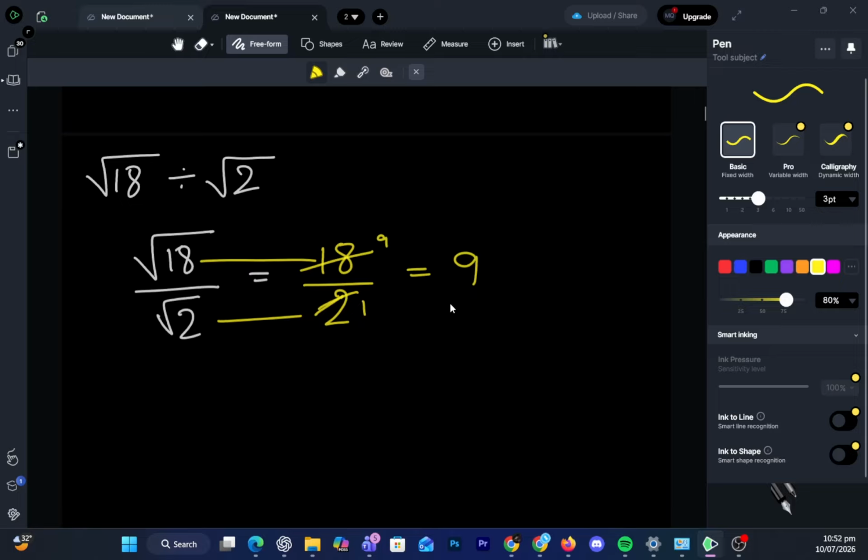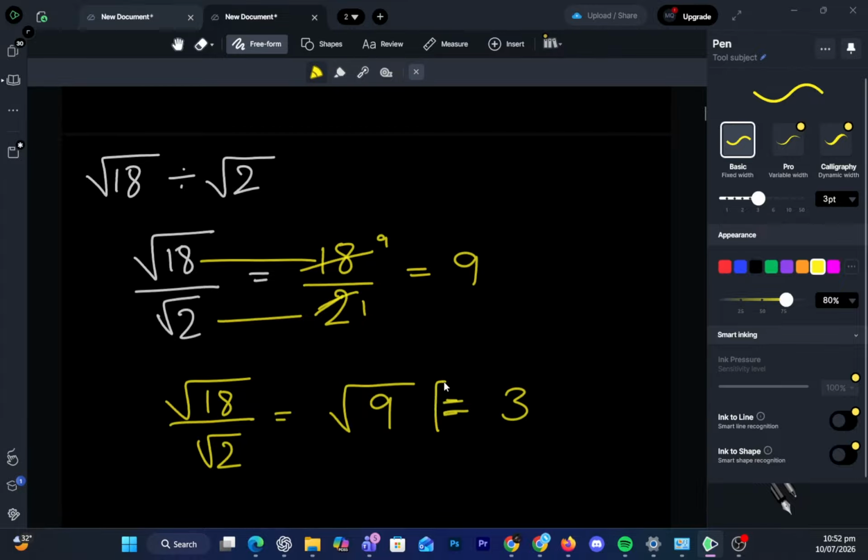So under root 18 divided by under root 2 becomes under root 9. Now simplify under root 9, that is 3. So the final answer is 3.